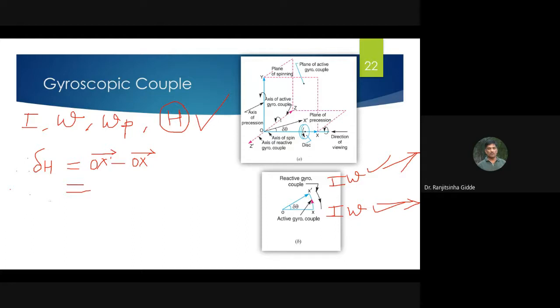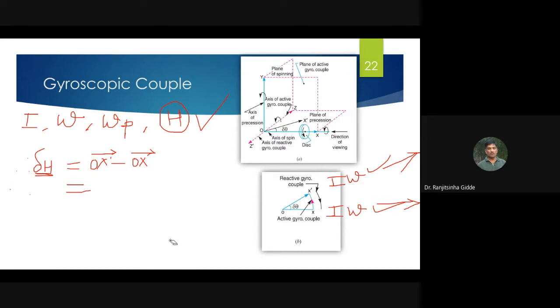Okay. Now, to get this change, delta H, what you are observing? This one is the active couple. So how we can write?